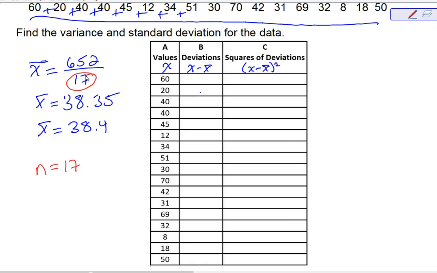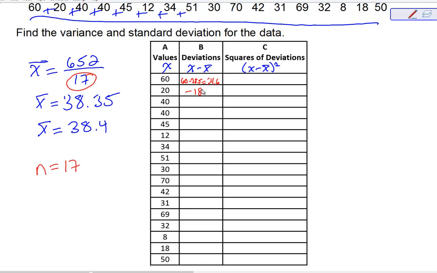So here I'm going to take 60 minus 38.5, which will give me 21.6. And I'm going to do that all the way down. Okay?